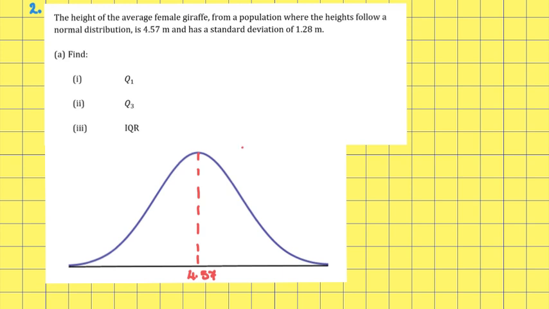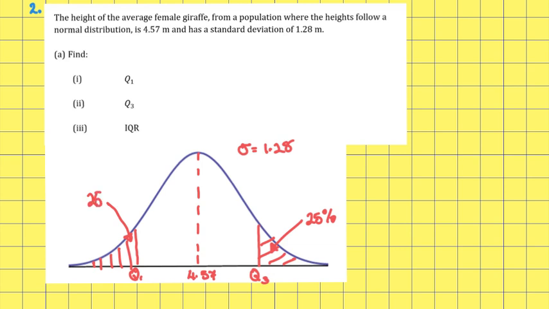We're told that the standard deviation is 1.28, and we want to find Q3, so this percentage is 25% in there, and this percentage here, which is Q1 below it, is also 25%.